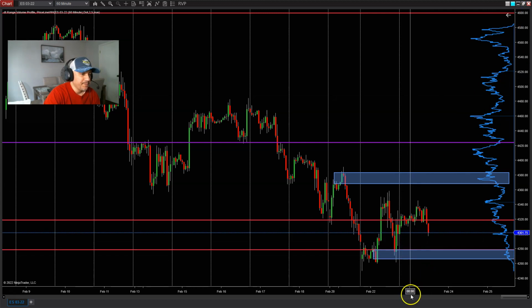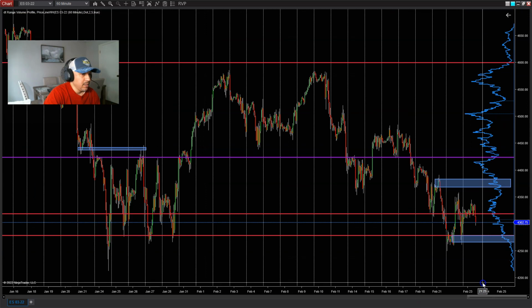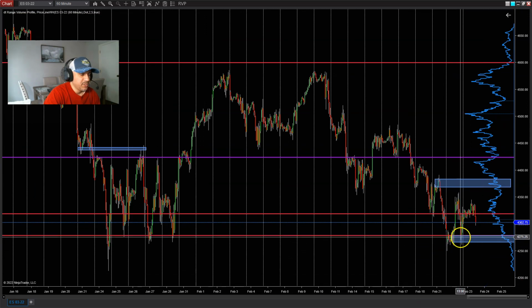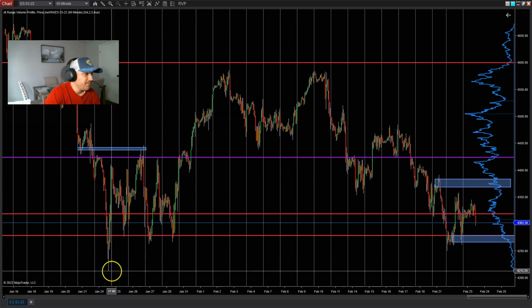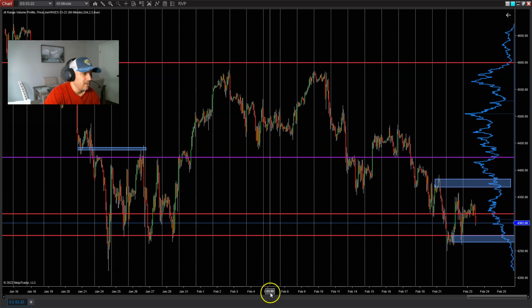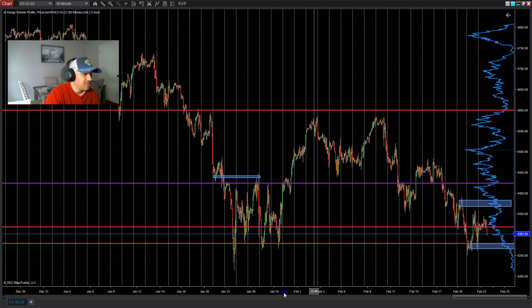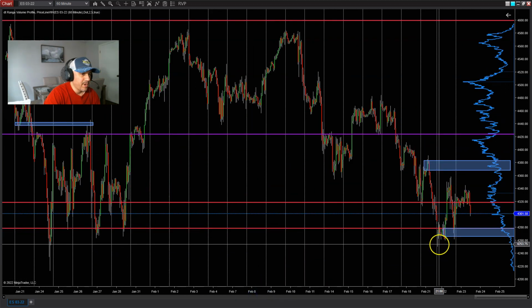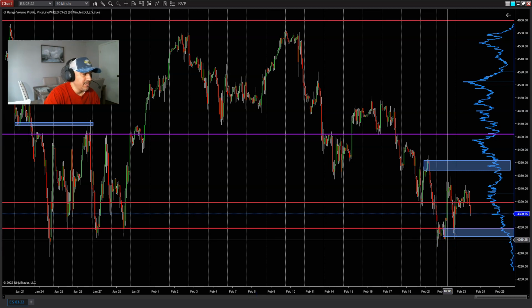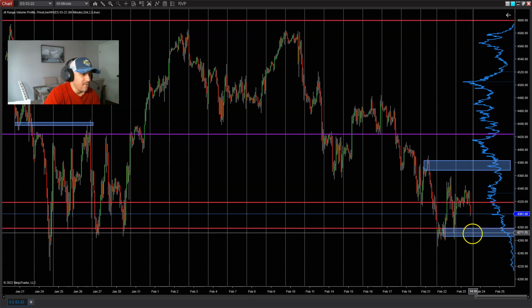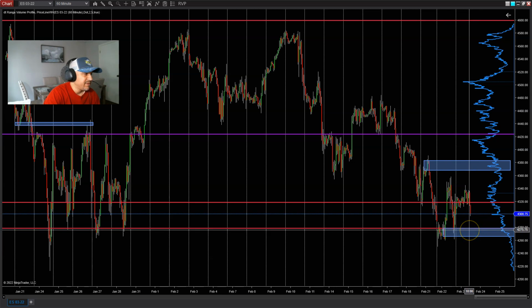If price pushes through this area of demand and breaks this low down here, we have some wick candles at the bottom, but price does have the potential to push lower. So we've got to be careful when price gets back down here to around the 75 area.